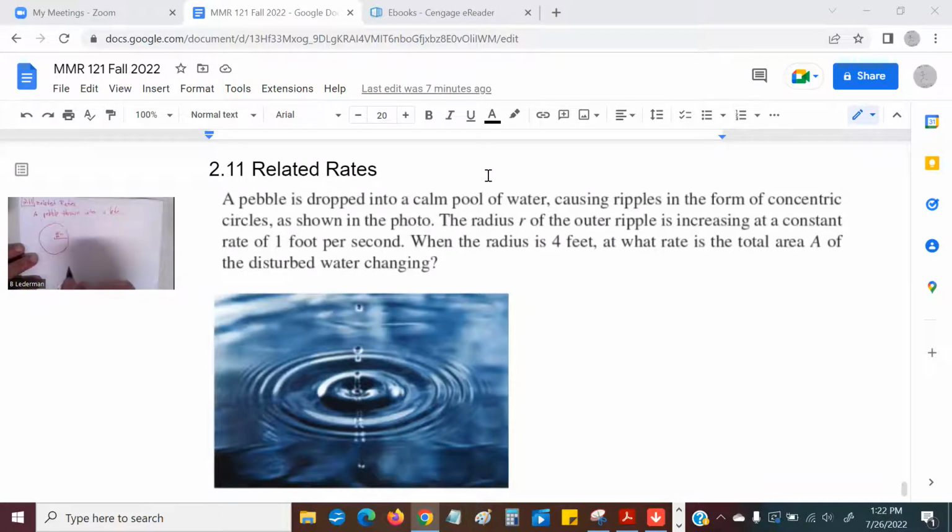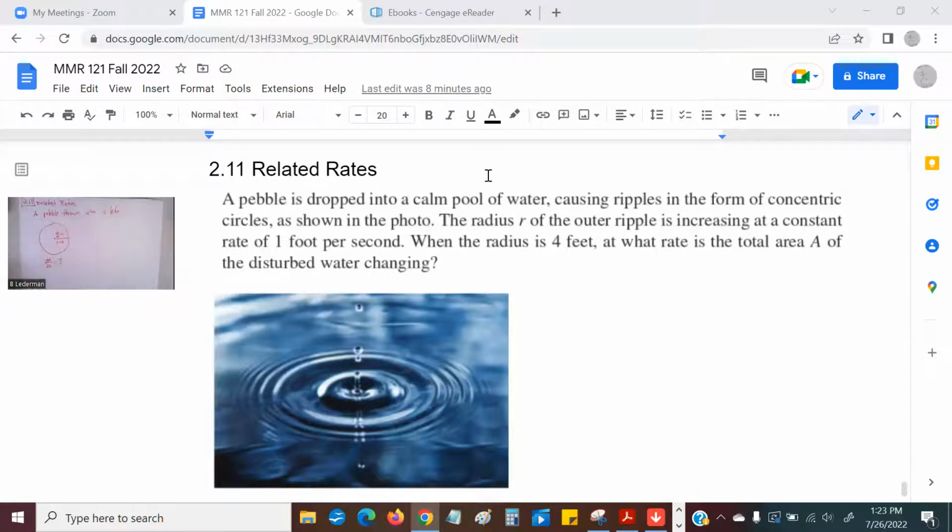That's a given. We want to find dA/dt, the change of area with respect to time. And we want to find specifically what it is when the radius is 4. And that's all the numbers.